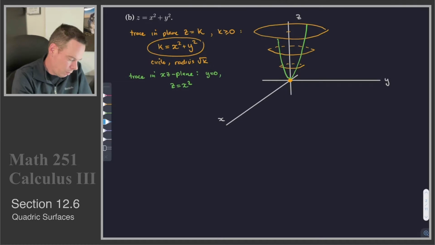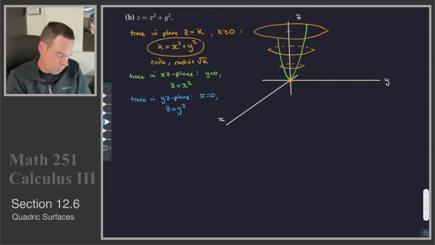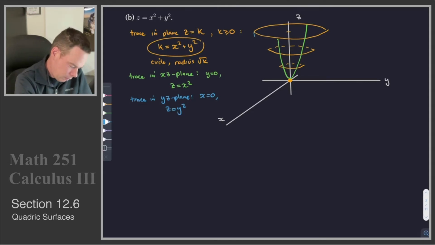Okay, what about the trace in the yz plane? Well, that's when x is equal to 0, and so z is equal to y squared. So it's a parabola. Now I've got to make sure I can connect these things up. I might have to adjust some of my circles so that they come out and meet it.